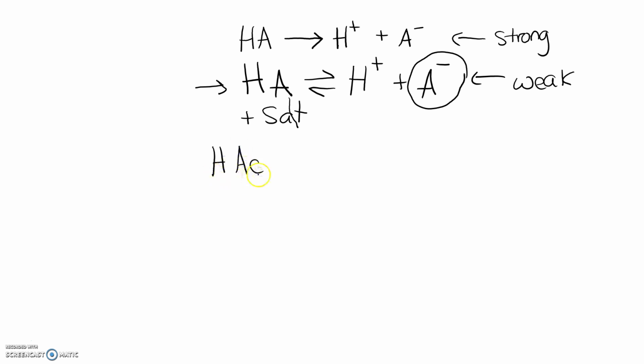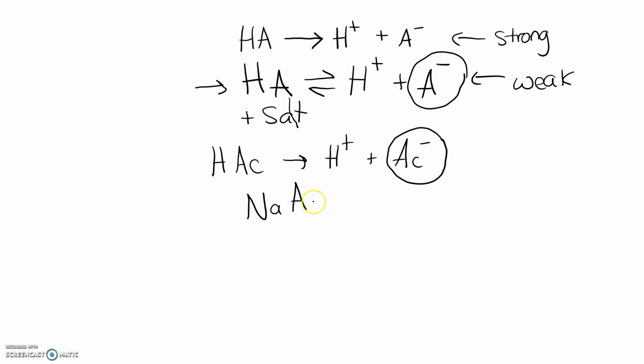Acetic acid is going to dissociate into its proton and the acetate ion. If I wanted to make a buffer for this acetic acid, I need a salt that contains the acetate ion. So I would use this salt, sodium acetate. Okay, so acetic acid and sodium acetate together would make a buffer solution.